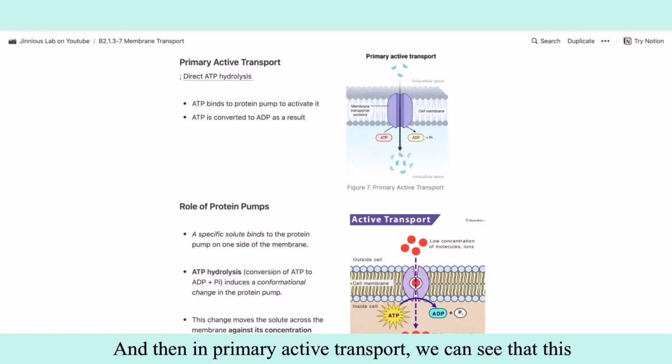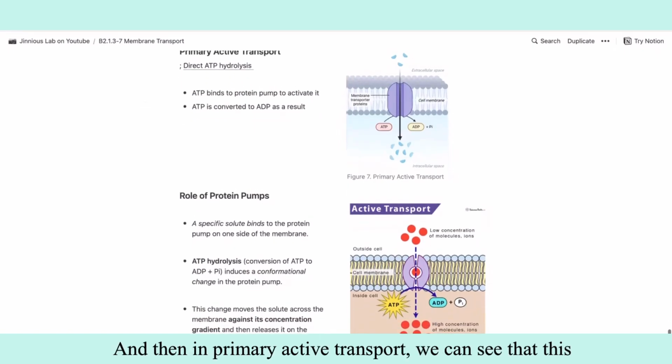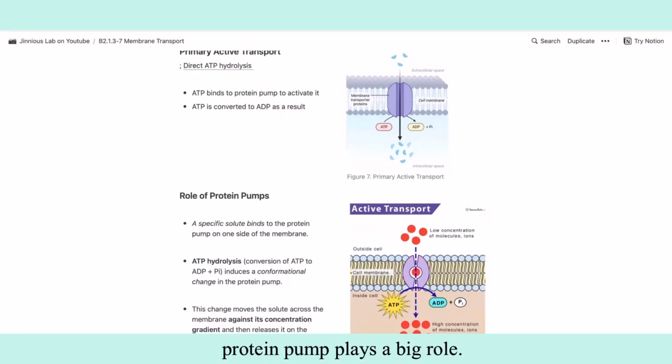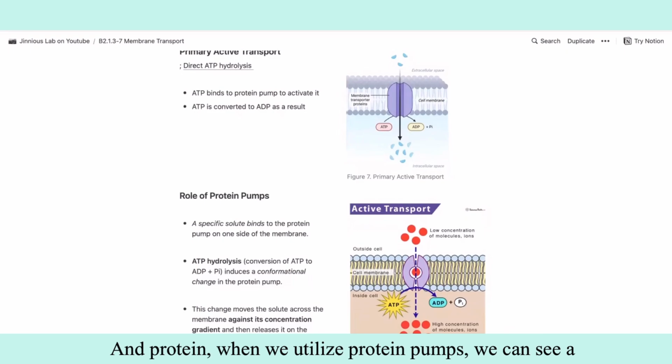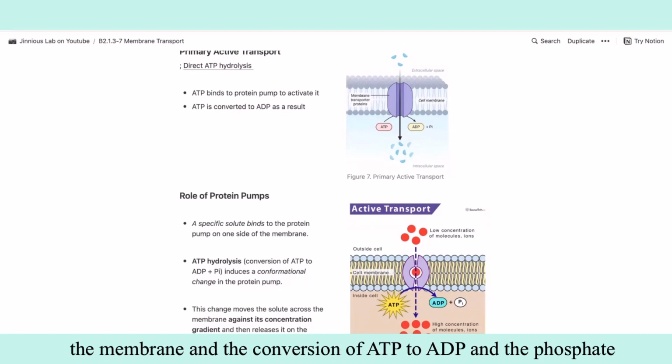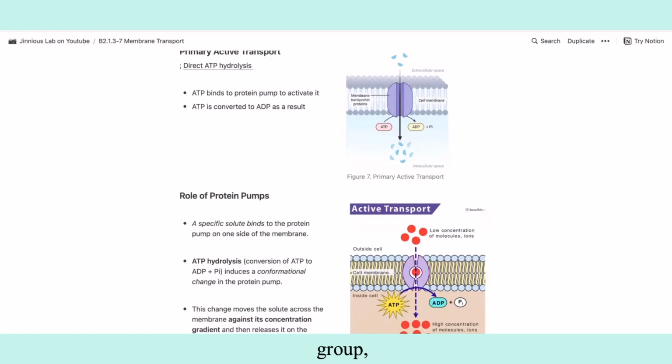And then in primary active transport, we can see that this protein pump plays a big role. When we utilize protein pumps, we can see a specific solute binding to the protein pump on one side of the membrane, and the conversion of ATP to ADP and the phosphate group, which we call ATP hydrolysis.